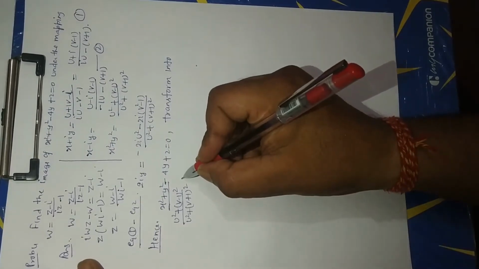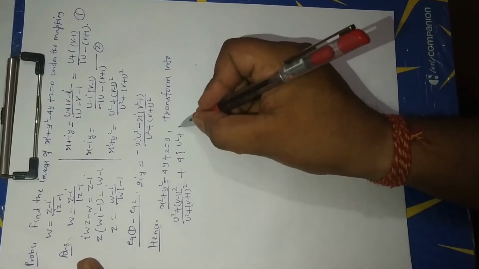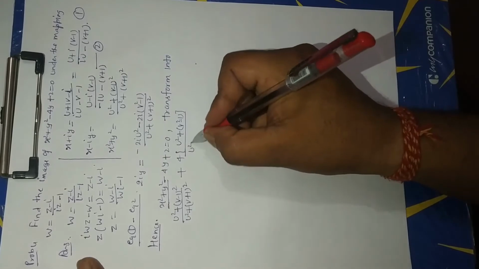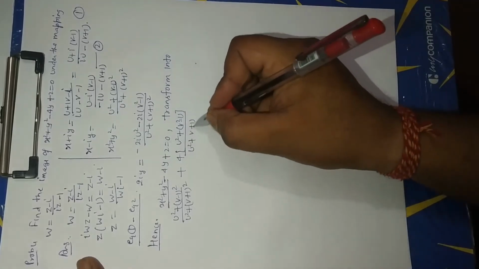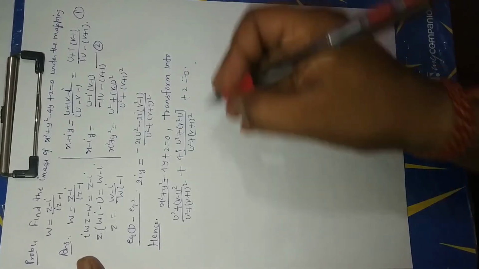Now the value of y is 4 times (v minus 1) upon u square plus (v plus 1) whole square, plus 2 equal to 0.